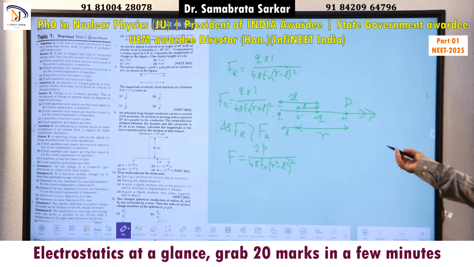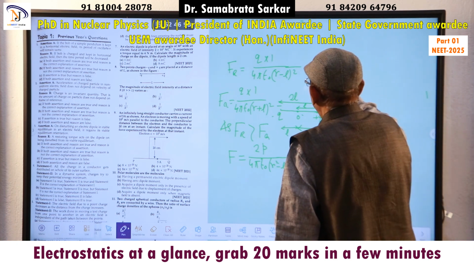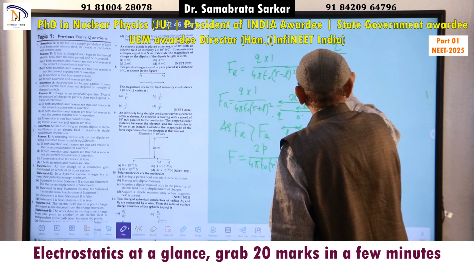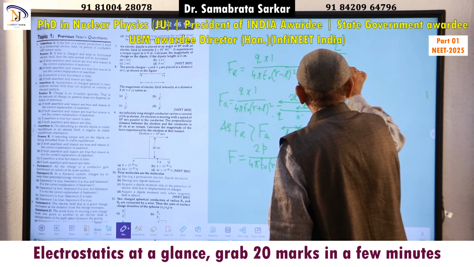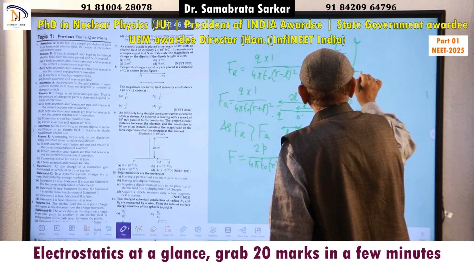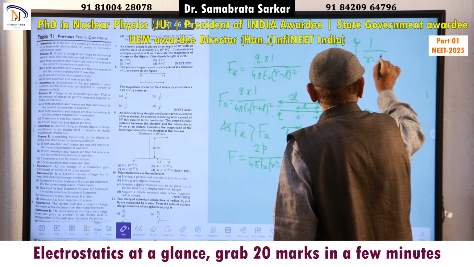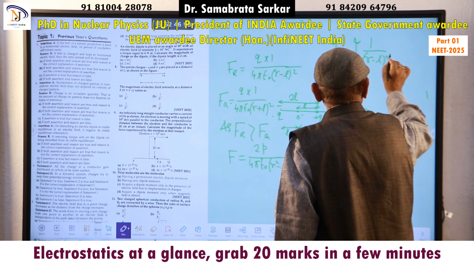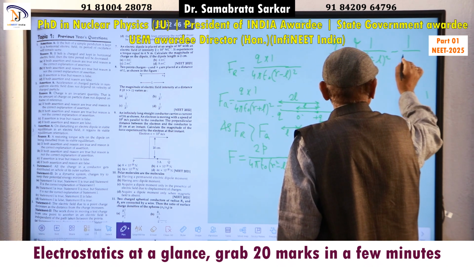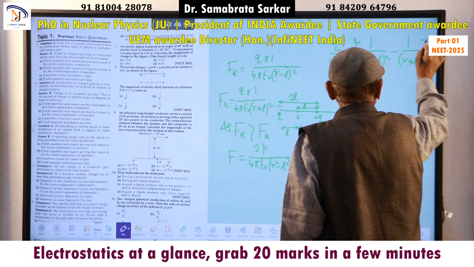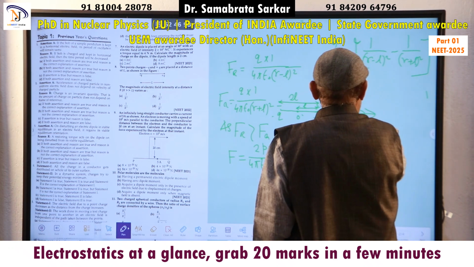Very easy, you can calculate this one, because this will be nothing but q by 4 pi epsilon naught and 1 by (r minus L) whole square, difference 1 by (r plus L) whole square. And what are you getting?